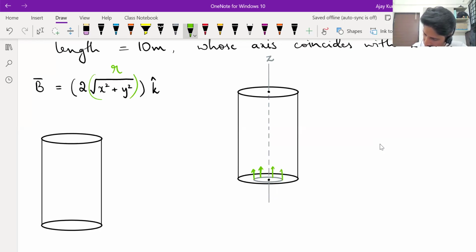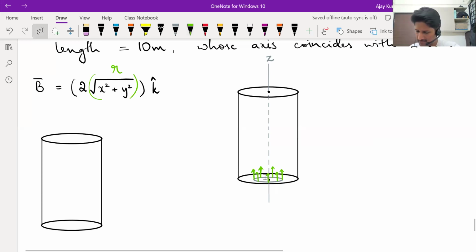So these are the magnetic field lines. Now, if you consider a slightly larger ring, means slightly greater distance from the axis, and if distance from the axis increases, you know the field strength increases according to the equation of the field. So at points of that other ring, the field will be stronger.